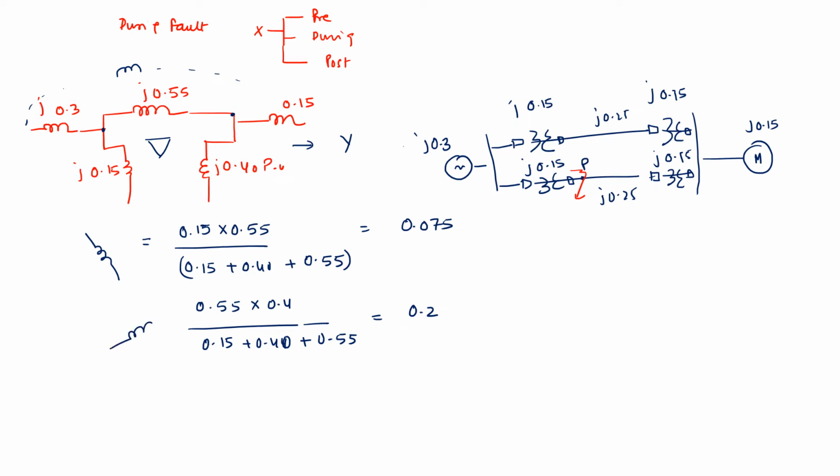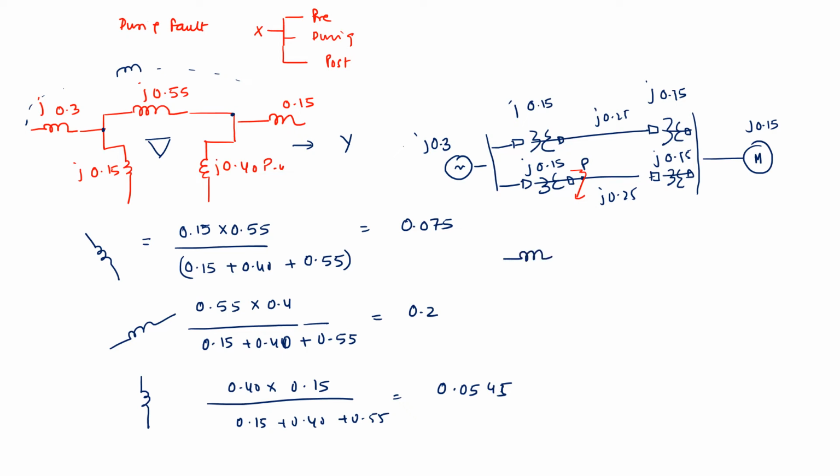If I calculate this reactance, it will be equal to 0.40 into 0.15 divided by 0.15 plus 0.40 plus 0.55. So, this is coming out to be 0.0545.